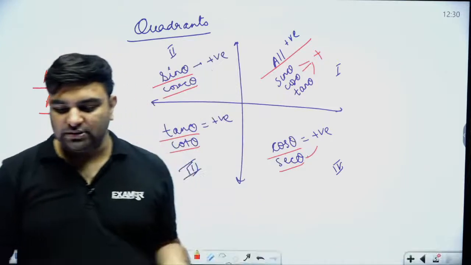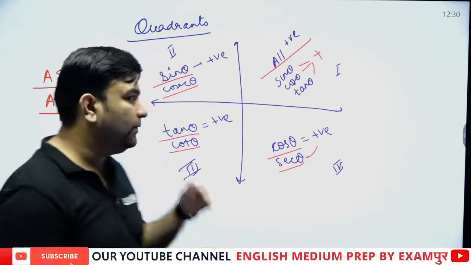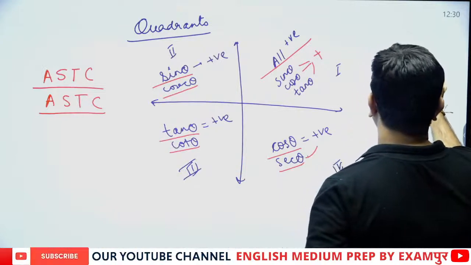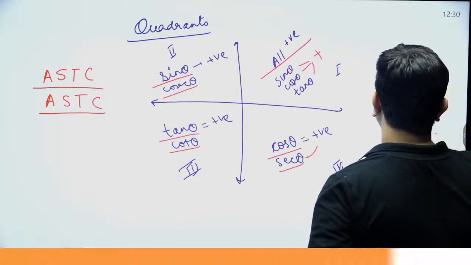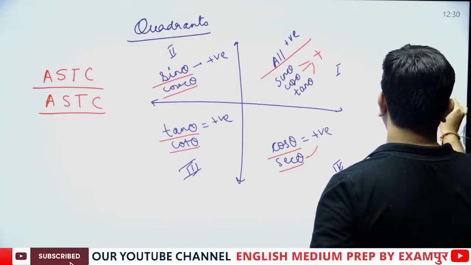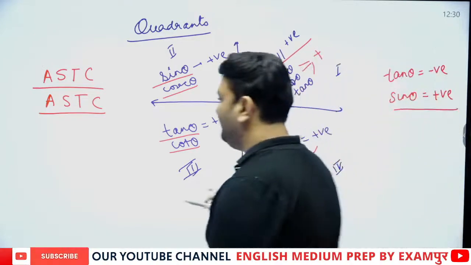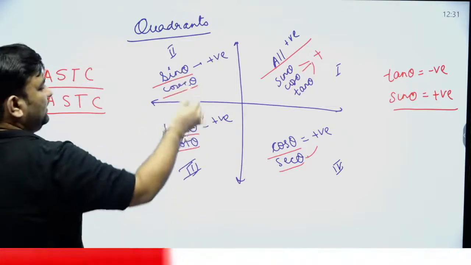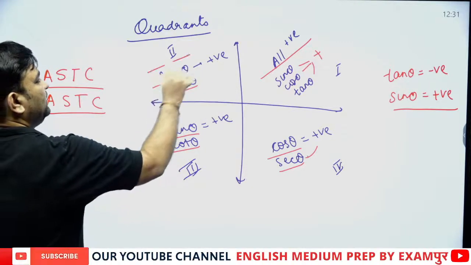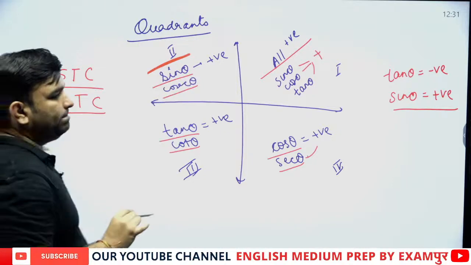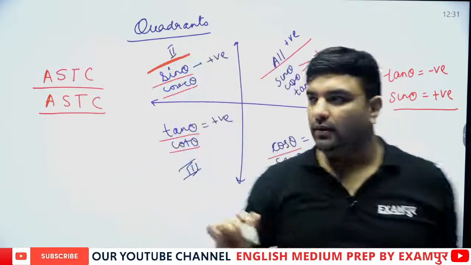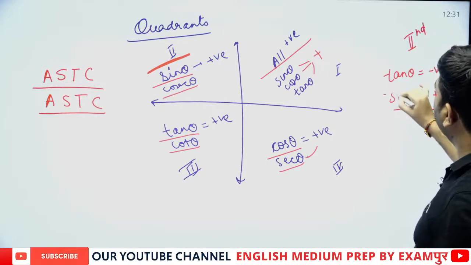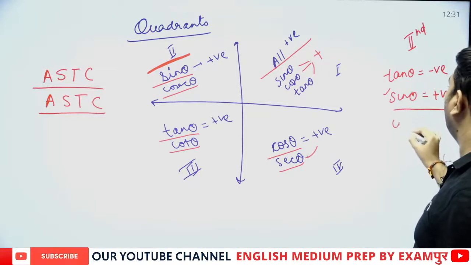So in the previous question, you might remember that tan was coming negative and sine was coming positive. So it was the second quadrant. And in the second quadrant, only sine is positive, so cos would also be negative.